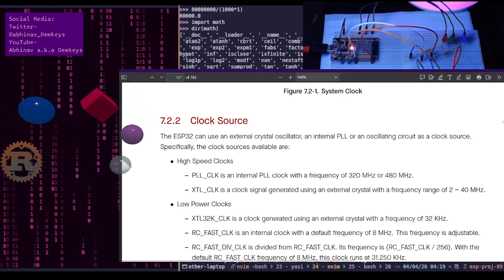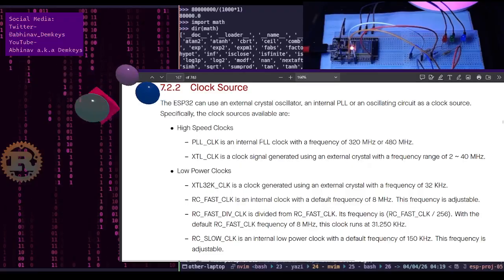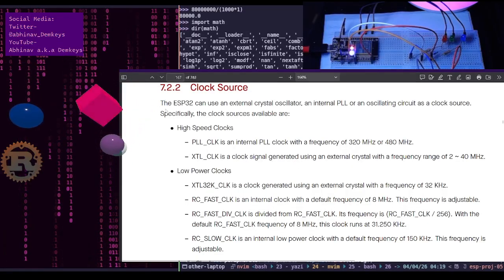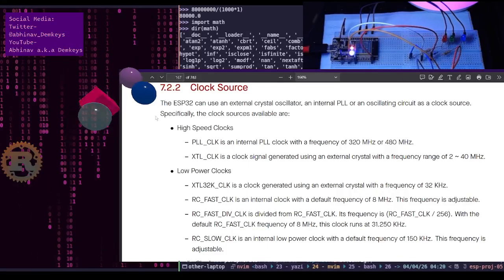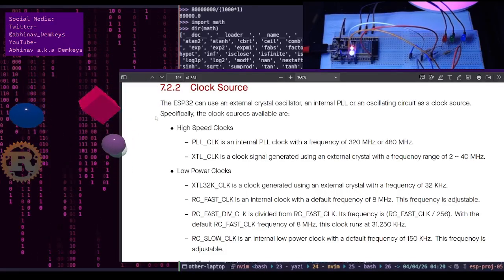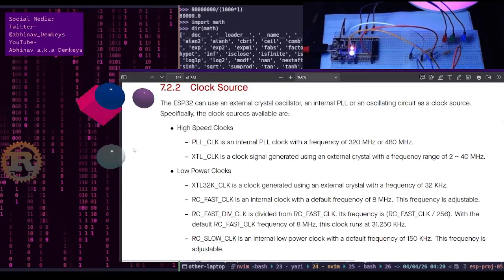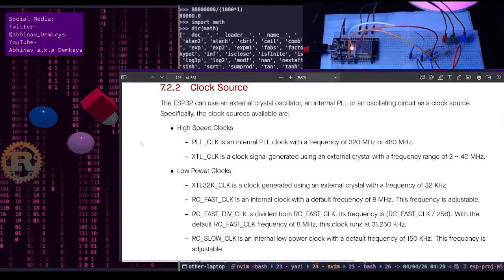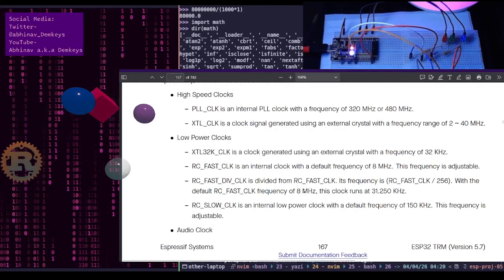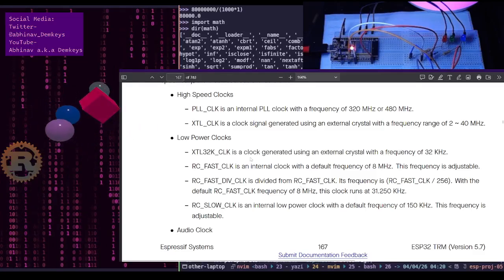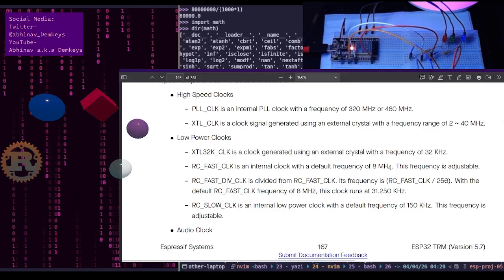Clock source. The ESP32 can use an external crystal oscillator, an internal PLL, or an oscillating circuit as a clock source. Oh, is it this? RC fast clock is an internal clock with a default frequency of 8 megahertz.